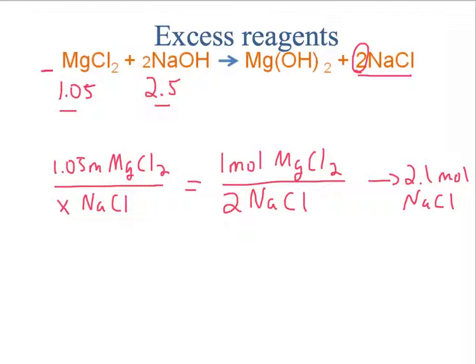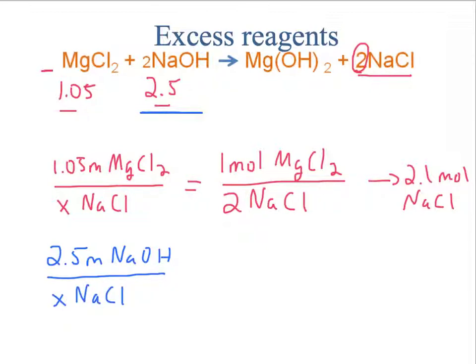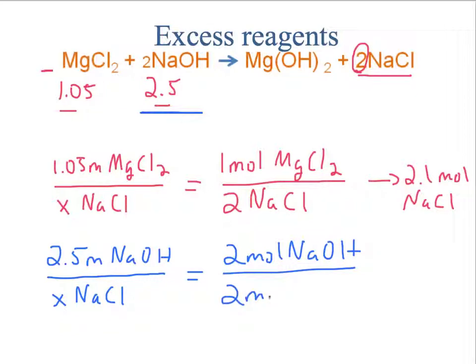Now let's do the same thing for the 2.5 moles of sodium hydroxide. So 2.5 moles of sodium hydroxide over X moles of NaCl is whatever we have in the problem, 2 moles NaOH for 2 moles NaCl.